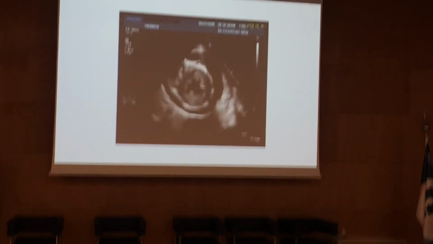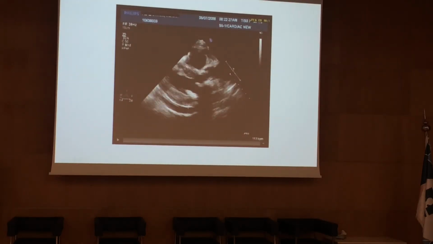First one. So this is the septum here, the interventricular septum. This is the posterior wall, and this is the right ventricle, and this is the left ventricle here. So this is the left ventricular cavity. This is the right ventricular cavity, but this is just the upper part of the right ventricle, so we call it RVOT, right ventricular outflow tract.